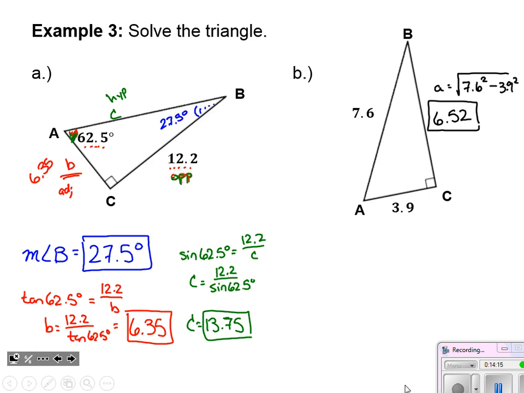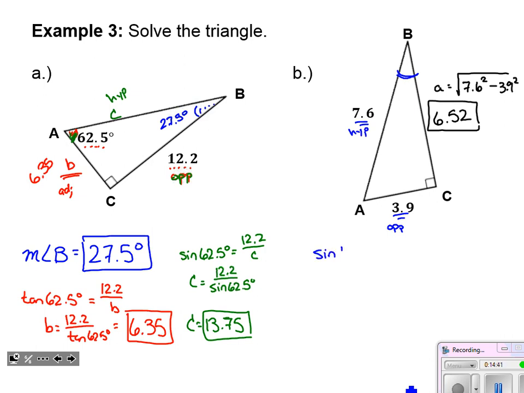Now I know all three sides. I just need to find one angle, and it really doesn't matter which one I choose as long as I remember to use the given measures, not that rounded 6.52. So if I'm looking from angle B saying, hey, I want to find that, I've got the opposite side given and the hypotenuse. So that uses sine.